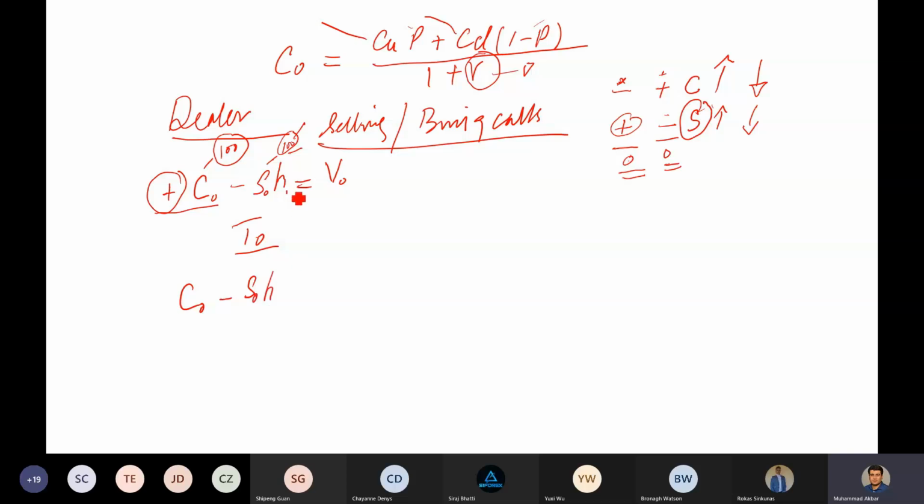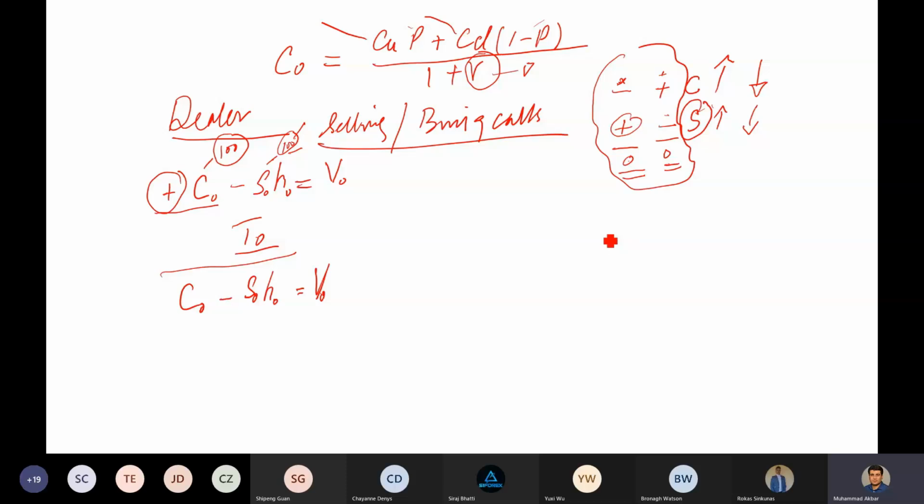And let me also denote this with H naught, because later on we will see this will change over time. So this is the current value of the portfolio. Now, because this position will be risk-free, as from our discussion here, this should earn the risk-free rate.